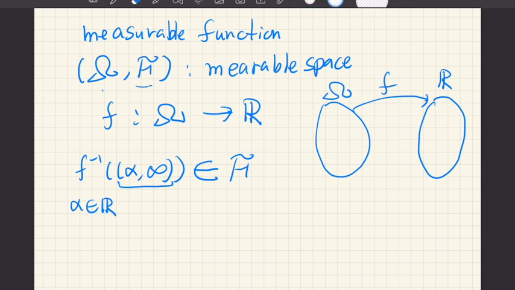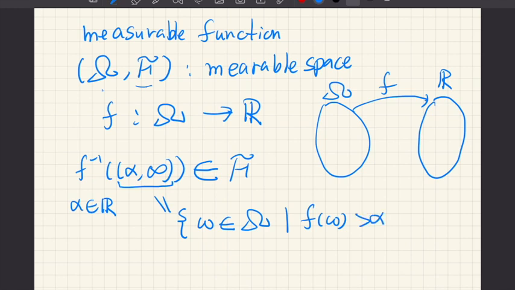Okay, so that means, if we pick, let's write the definition of this subset. This is a subset of omega such that the value of this function is greater than alpha.